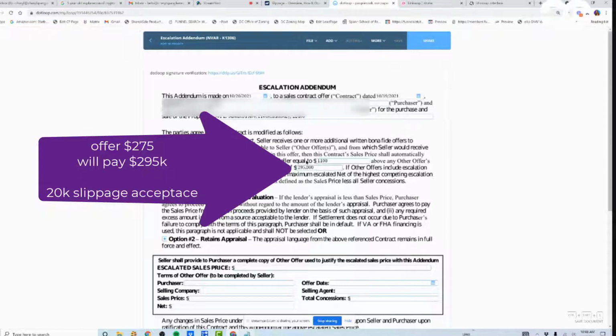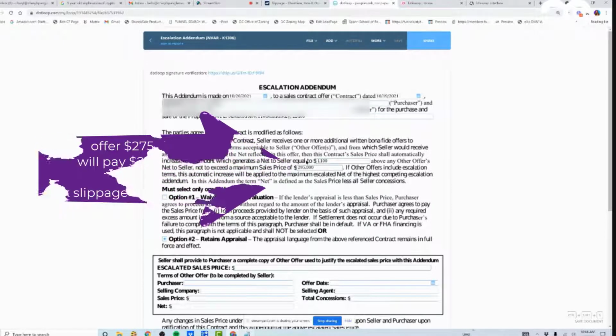So don't be confused too much, but basically it says we don't want to pay more than $275,000, but we're willing to pay a slippage of $20,000 more than what we're offering, but only in increments of $1,100 over the highest asking price. That is what an escalation clause is.